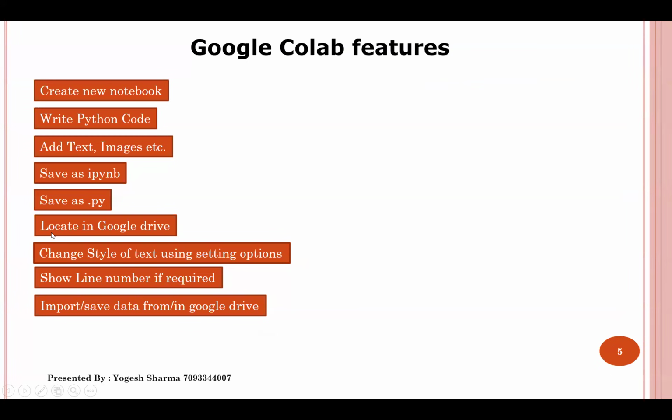Now after that, it is located on the Google Drive. Change style of the text, image, show line number if required, import save data from the Google Drive. So here, if you want, you can basically go to the setting, and where you can do some setting so that not only the line number, there are many things we can do, that also I will show you.